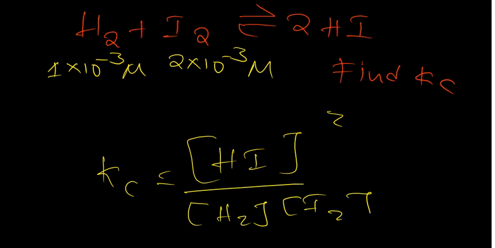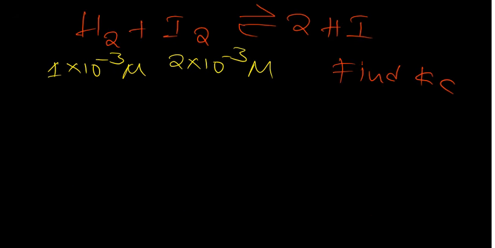This is our expression. Now the values that we need to substitute in this equation are supposed to be equilibrium values. Just to give you this idea, when you're starting, if you try to calculate the constant using those initial concentrations, what you're finding is what we call Q. Now, K needs equilibrium concentrations.